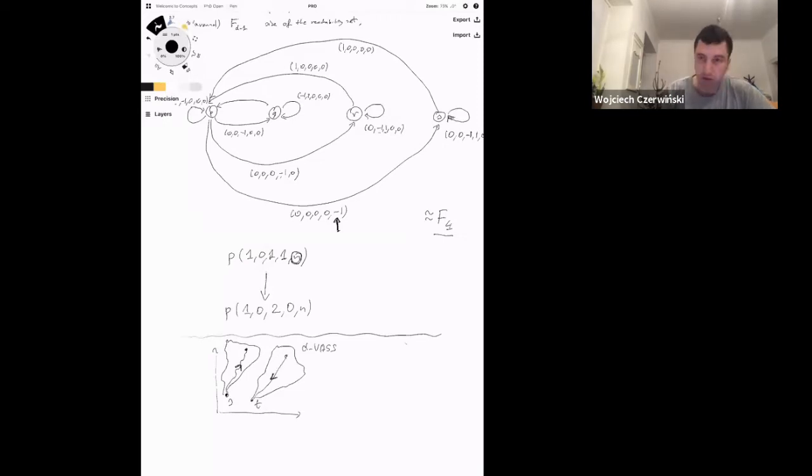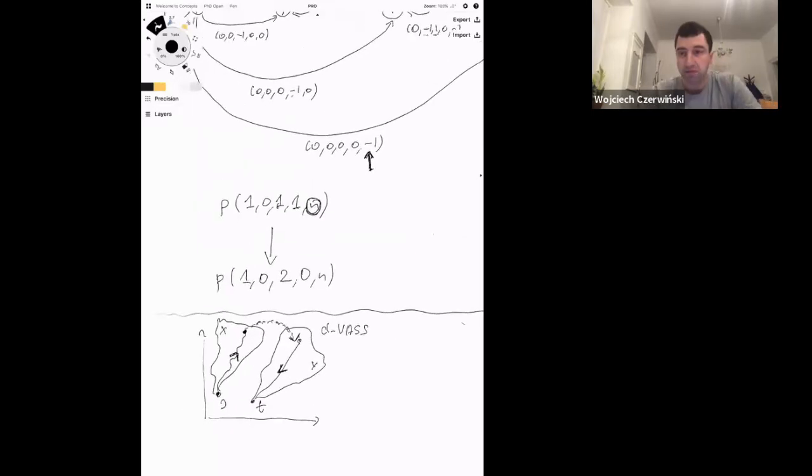And here, only very high, you have some jumps from this, let's say X, to this, Y. So what I draw here is maybe some naive approach to constructing VASS in which, if there is a path from S to T, then this path is very long. You do some big stuff here and here, similar to what we have constructed, and we allow for jumps from this point to this point.